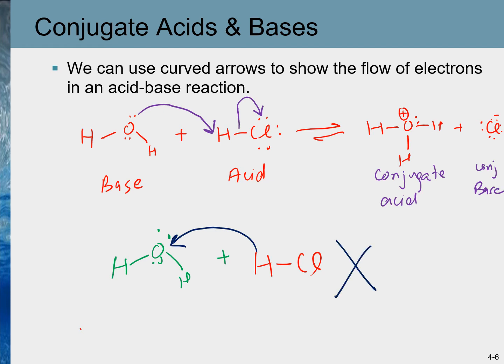These curved arrows do not show the movement of atoms. So the correct way is that we always show the movement of electrons: which electrons are moving to create a bond and which electrons are moving to break a bond.